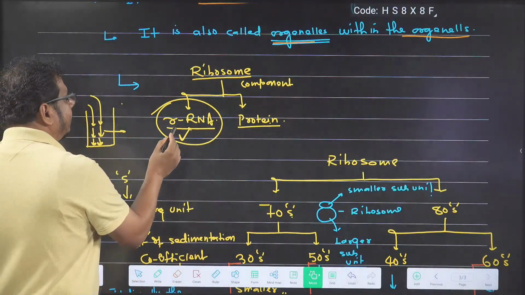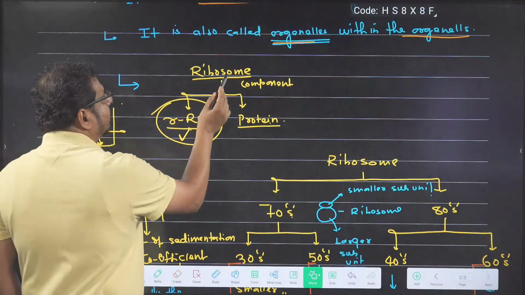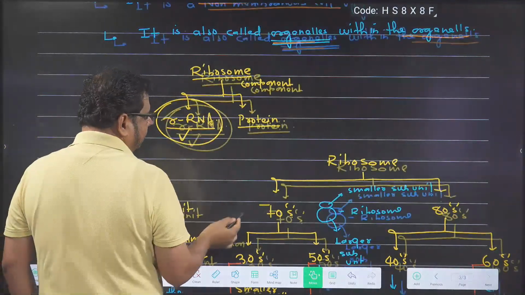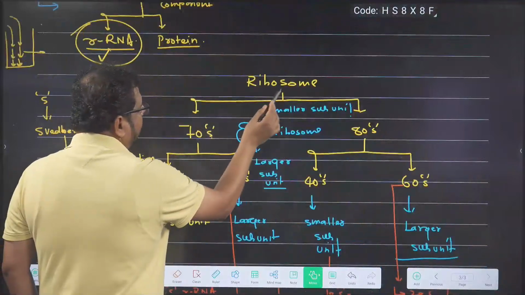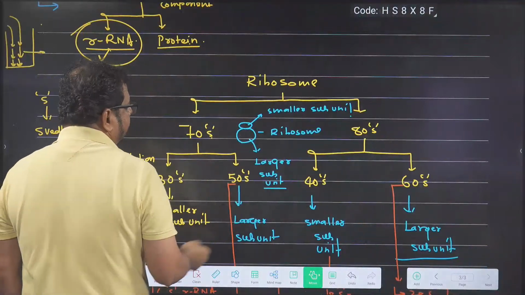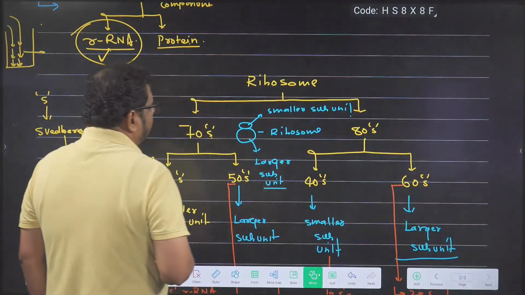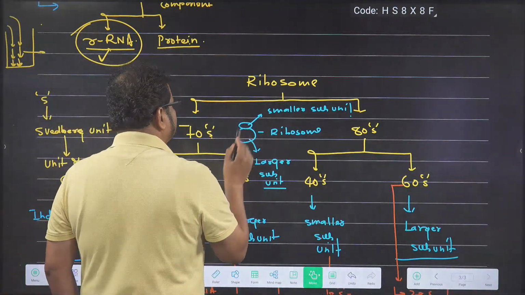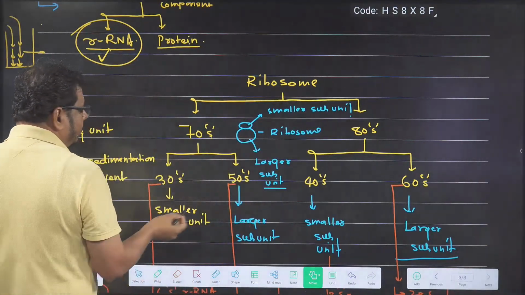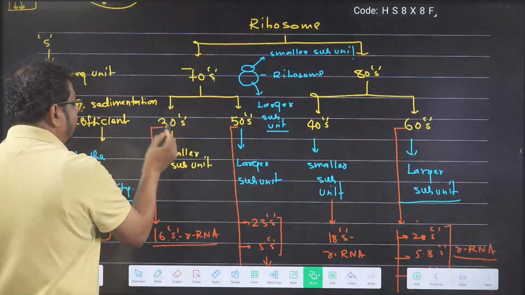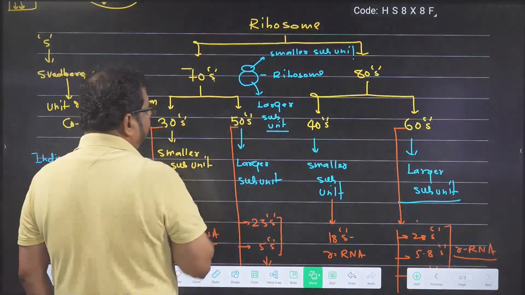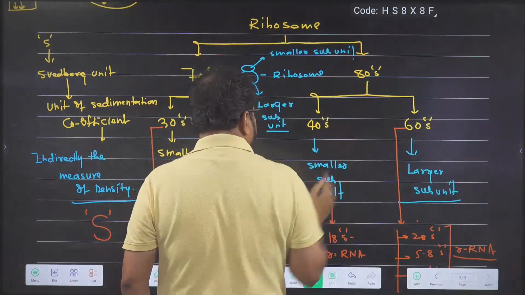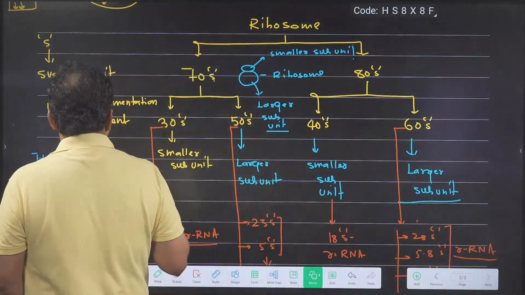Ribosomal RNA is a structural component of the ribosome. If rRNA is not there, ribosome can't exist. Now the types of ribosome: two types, 70S and 80S. Every 70S and 80S has two subunits, one smaller and another larger. The smaller subunit in 70S is 30S, larger is 50S. In 80S, smaller is 40S, bigger is 60S. Everywhere there is S. What is this S?